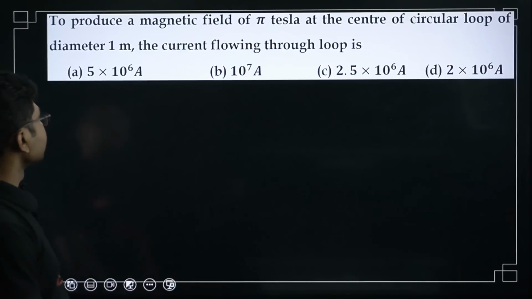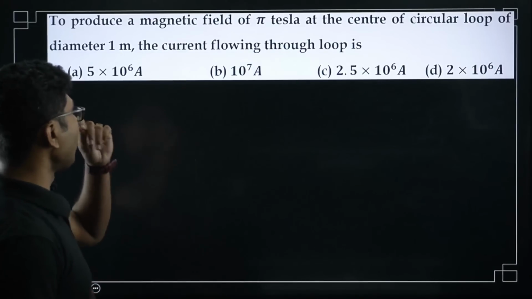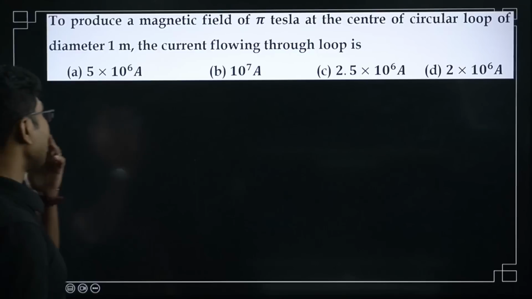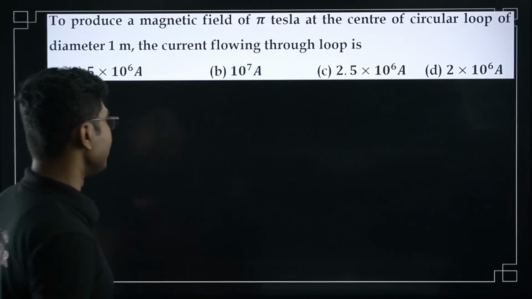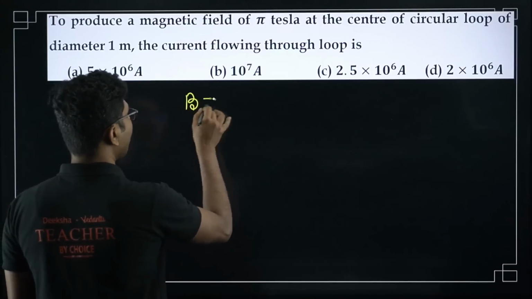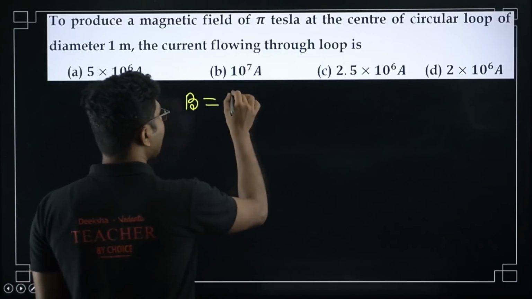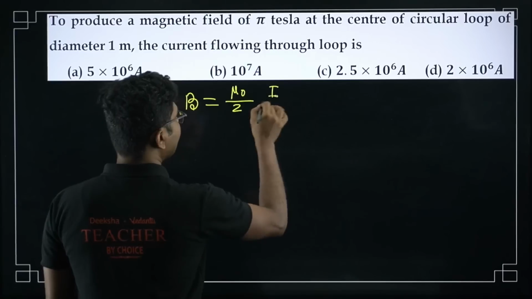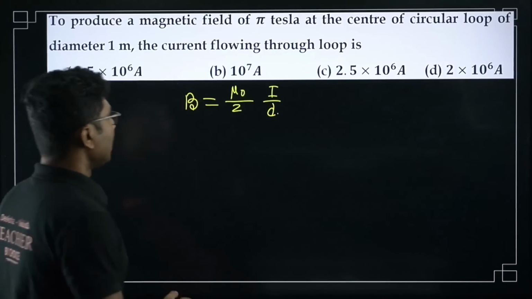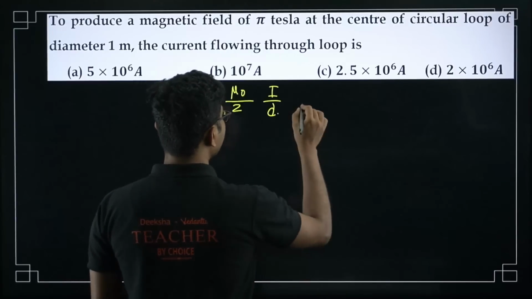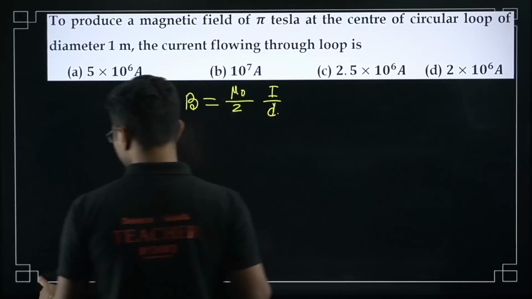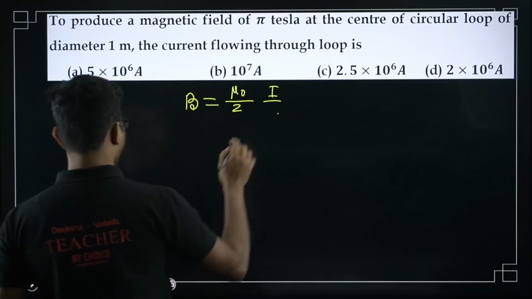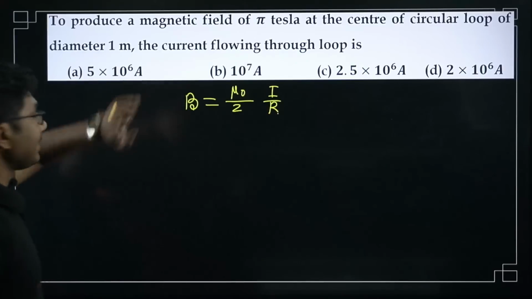Next question. To produce a magnetic field of pi Tesla at the center of a circular loop of diameter 1 meter, the current flowing through the loop is. So the magnetic field at the center of a current carrying loop is given by mu naught by 2 I by R. Now they told you the diameter is 1 meter, right?